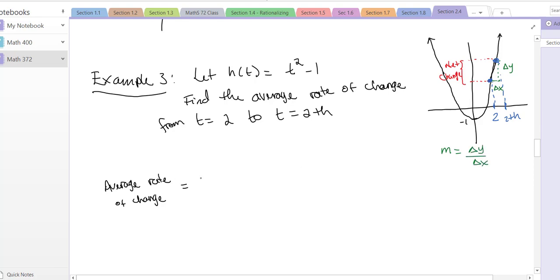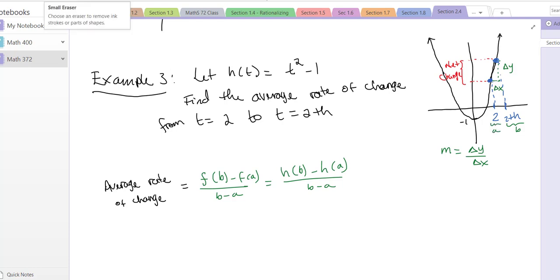So our average rate of change then, as we said before, is f of b minus f of a over b minus a. And in this particular case, our function is h, so it's h of b minus h of a over b minus a. One thing that's helpful is to identify what's b and what's a. So b is the further point, so 2 plus h is b, and 2 would be your a.